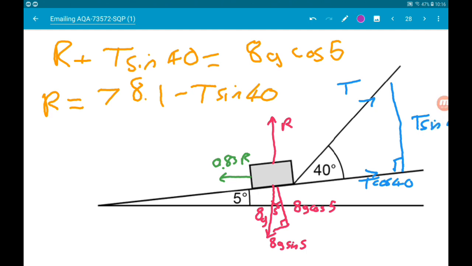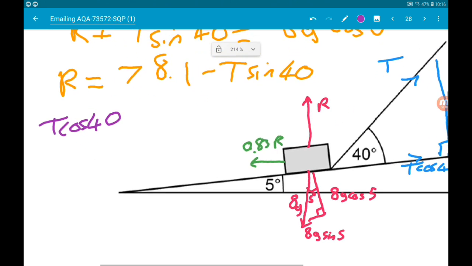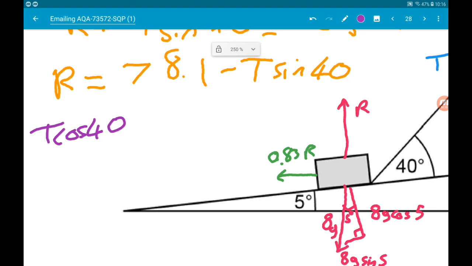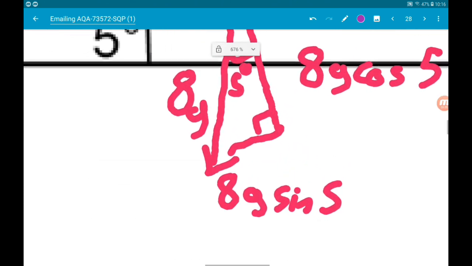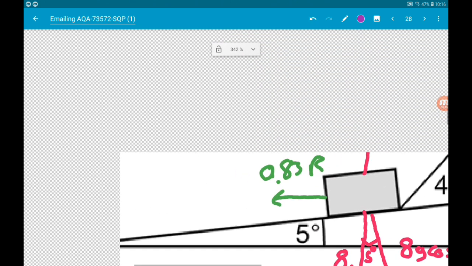Okay, so now working horizontally to the board, we know that T cos 40 now minus friction, so minus 0.83 R. Now we also have another force trying to push us back, and that is this 8g sine of 5.